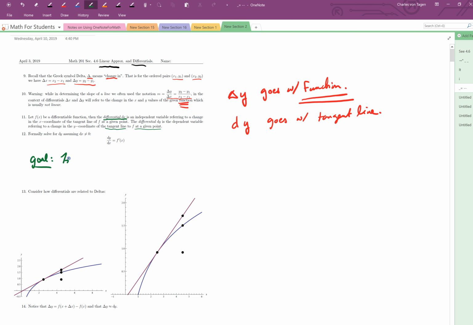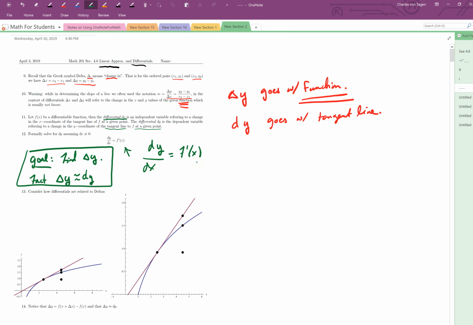So our goal is to find delta y. We're going to use the fact that delta y can be approximated by differential y. That is the big idea with differentials. Okay, and what I want to show you here is, let's do this sort of combination trick of Newton's and Leibniz's notation. And so we have dy dx is equal to f prime of x.